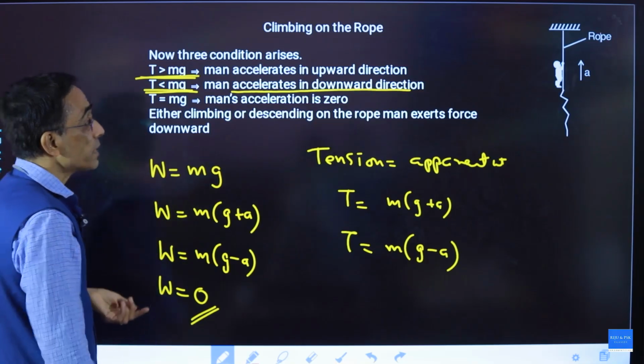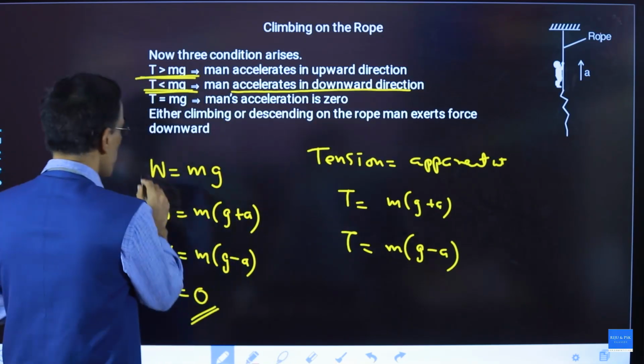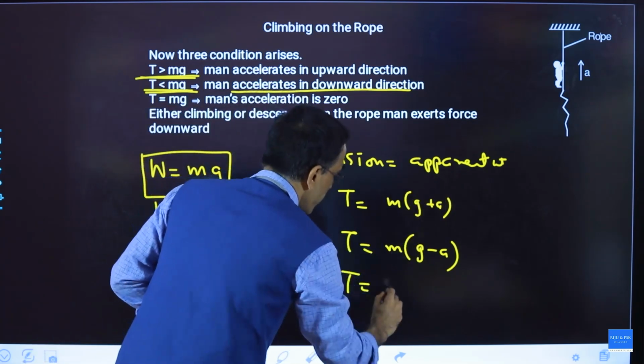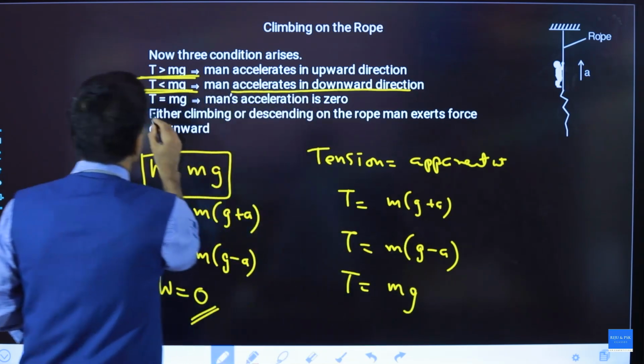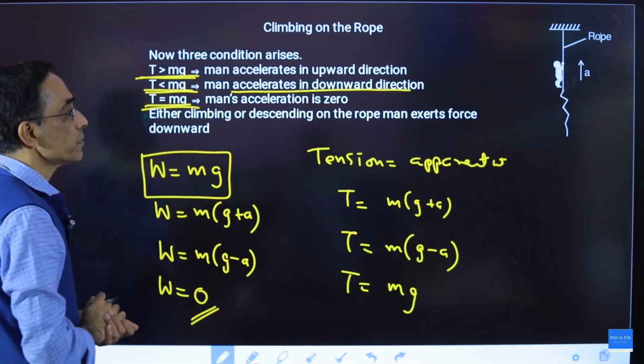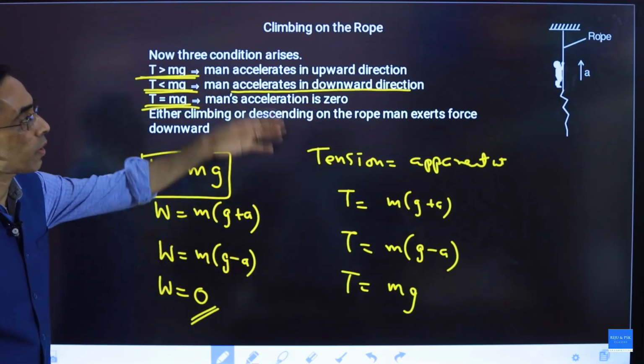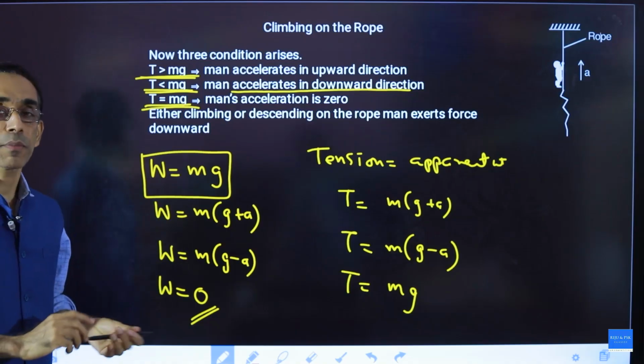Third one, man's acceleration is 0, which means weight will be equal to mg, so tension equal to apparent weight equals mg, that's it, T equal to mg. So, you can use this idea to solve all questions about rope monkey problems.